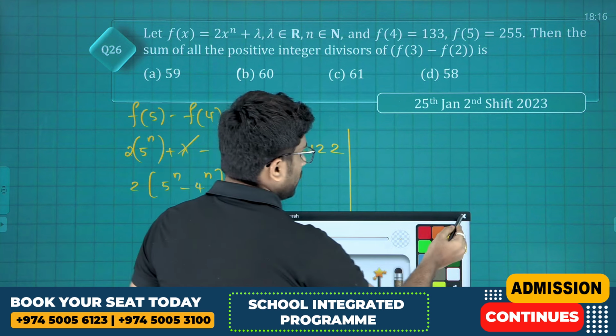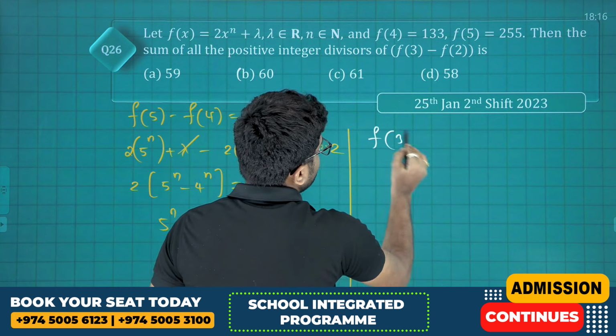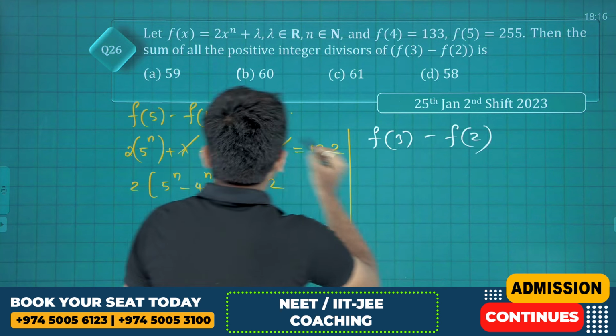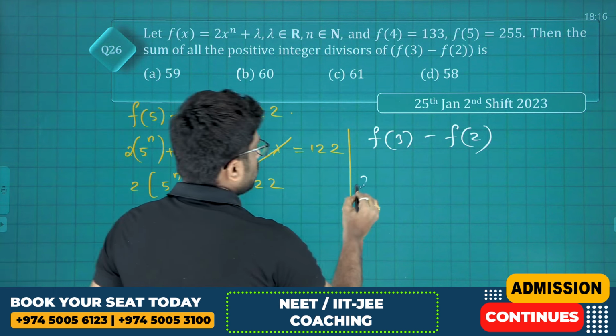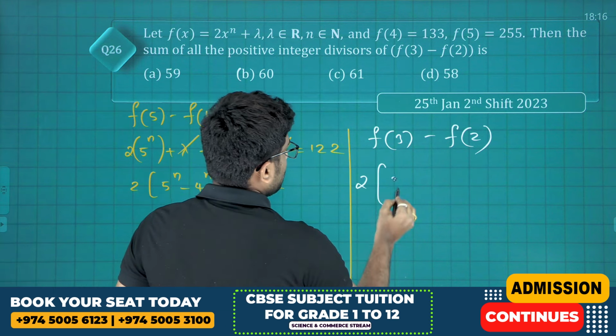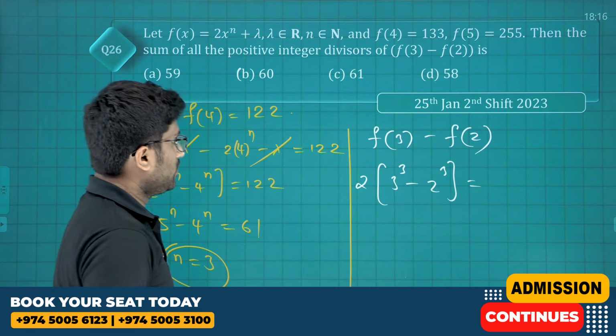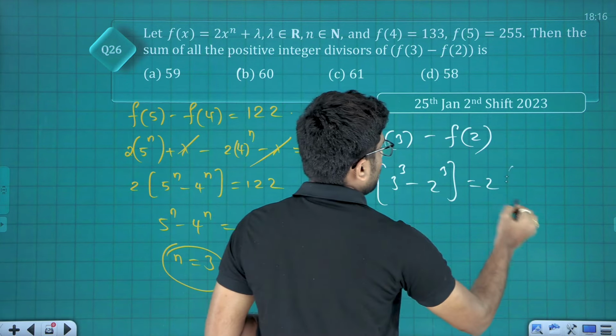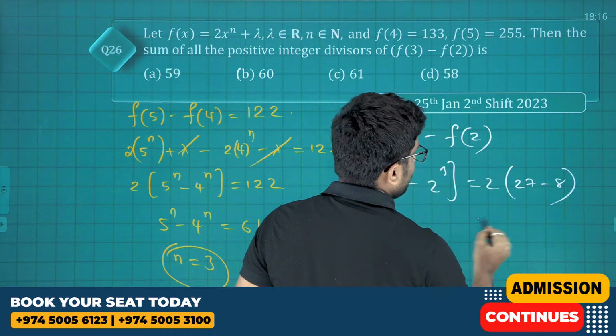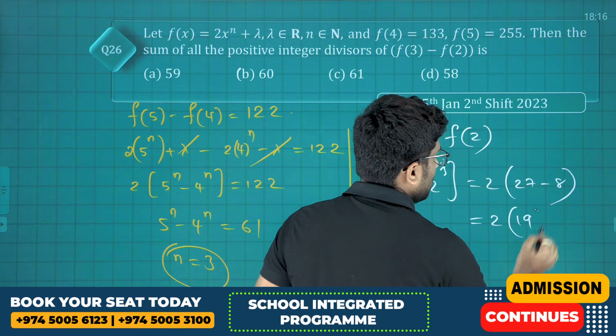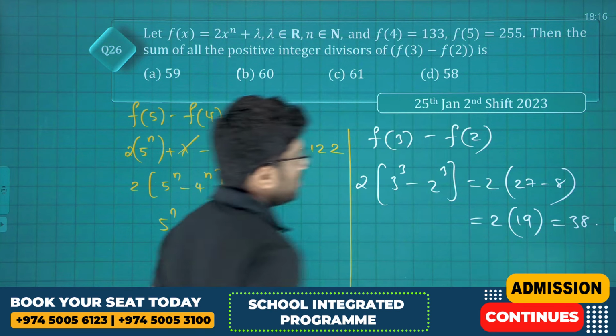Now we have got n is equal to 3. What is f of 3 minus f of 2? Same story. f of 3 minus f of 2 is 2 times of 3 power 3 minus 2 power 3. So 2 times of 27 minus 8, which is 2 times of 19, which is 38.